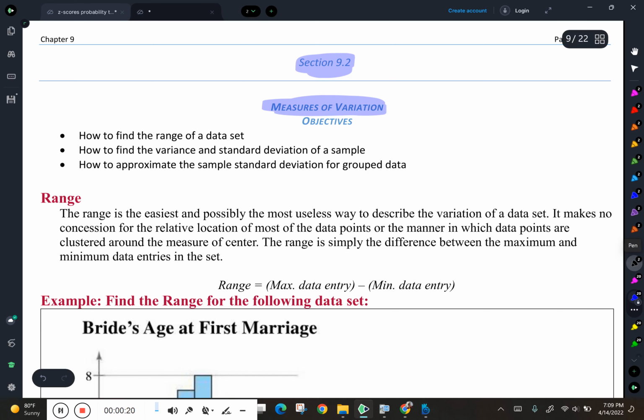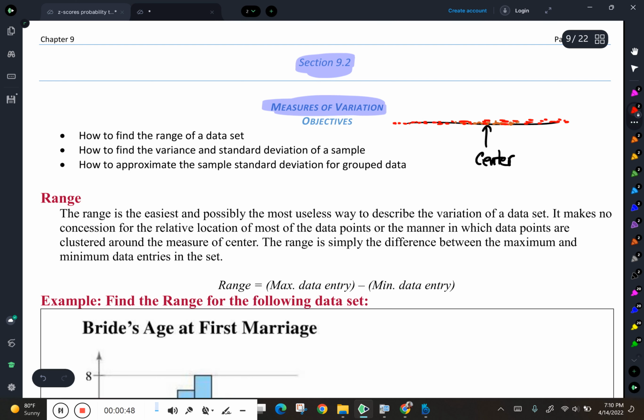And in section 9.2, we're going to say, okay, it's great that you can say that the middle is here, that the center is there, but is the data really tightly clustered around that? Or is the data really spread out?